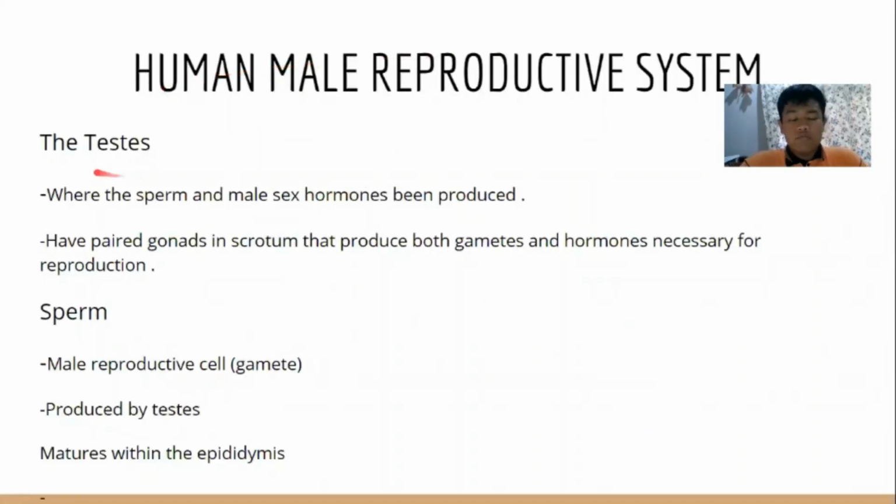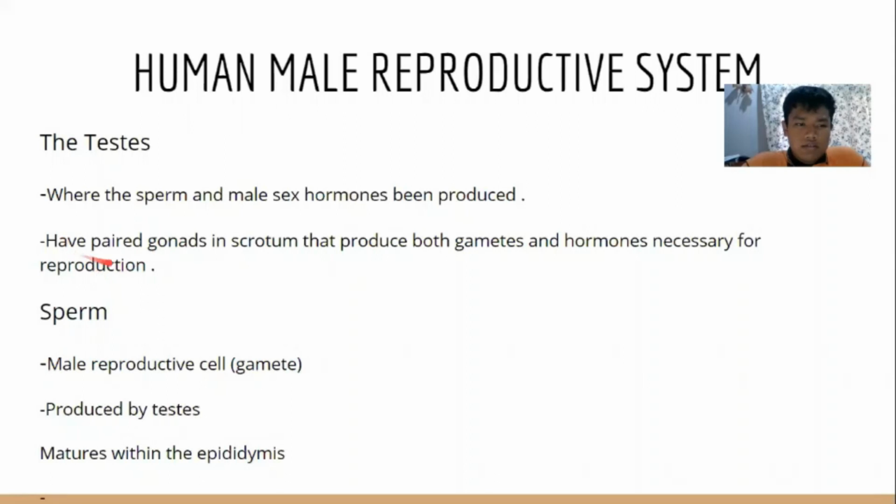Right now I'm going to explain about the major organ, which is known as the testis. The testis is an oval-shaped organ located in the scrotum, and it produces sperm and also secretes hormones such as testosterone.